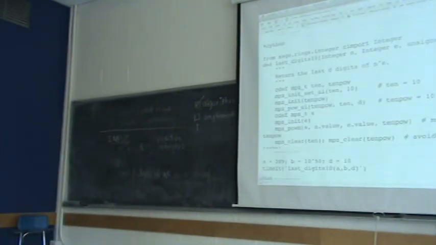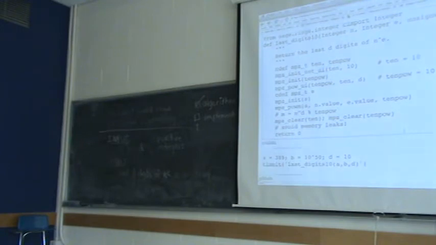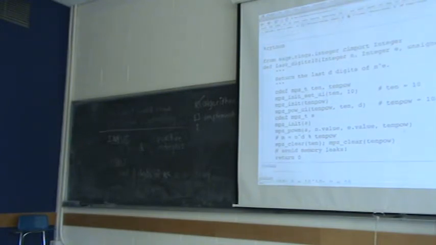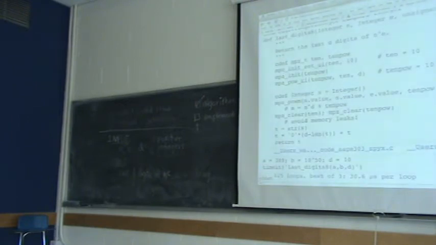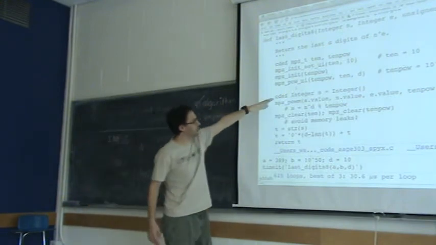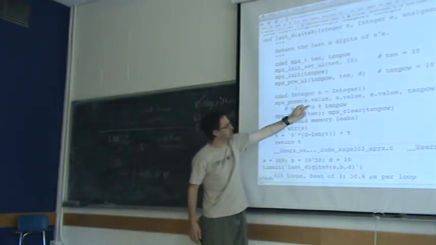Let's try another version where we do integer creation. So remember up here I had some code that creates a sage integer and then sets that sage integer equal to the power.